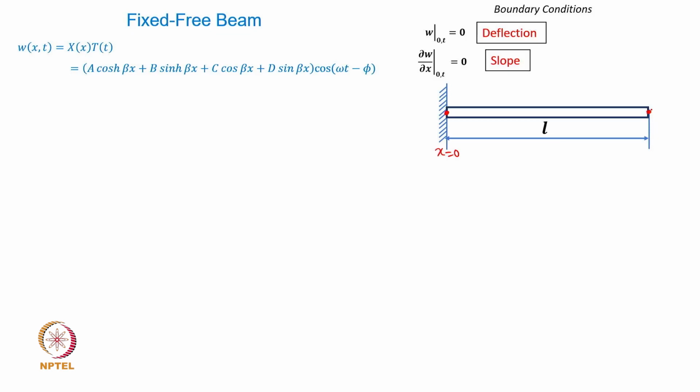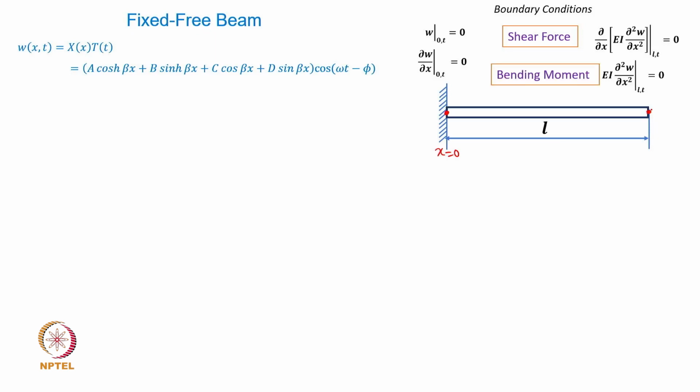The deflection need not necessarily be 0 there at all times. When the beam deflects at the free end, it can have any arbitrary lateral vibration displacement, as well as slope. So the only two boundary conditions that we can implement at the free end are shear force equal to 0 and bending moment equal to 0.